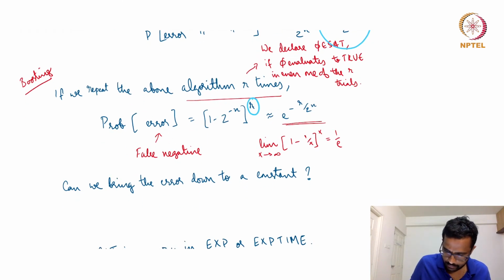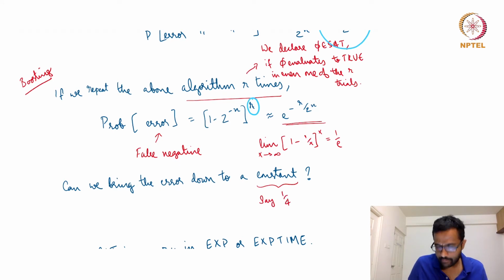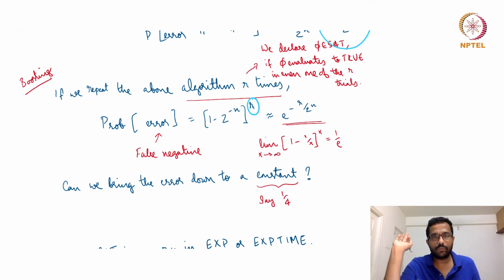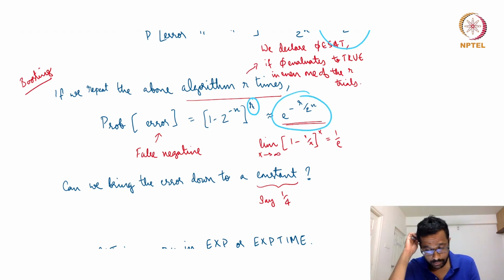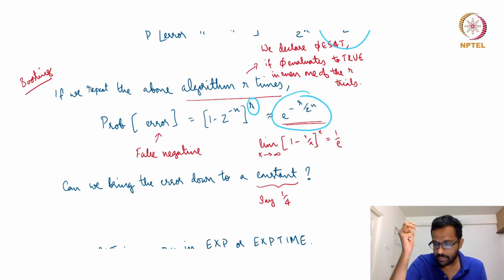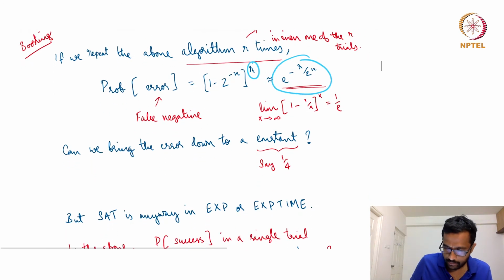Okay, say 1/4 is the probability of error. We want to bring down the error probability to 1/4. How? We need to reduce this quantity, e power minus r divided by 2 power n, to 1/4, which means we can do some reverse engineering.